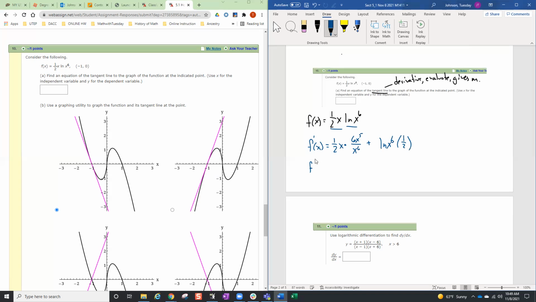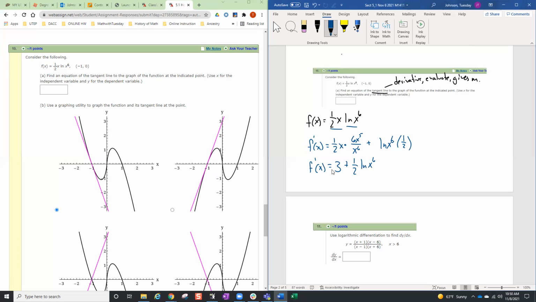So I'm going to rewrite that. Let me see, this x to the 5th and the x to the 6th leaves an x in the denominator. However, this x cancels out that x in the denominator, and I'm really just looking at 1/2 of 6. All right, let's make sure, yep, I believe it.